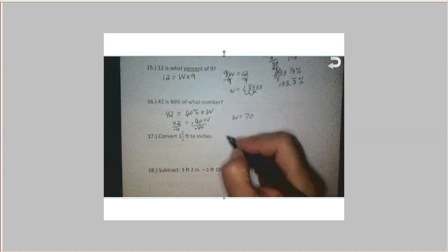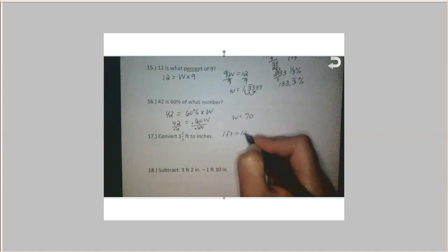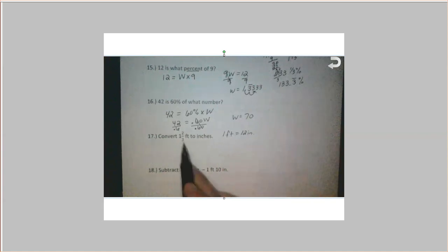Number 17 is converting 1 2/3 feet into inches. You might want to look over your units of measure conversions, but we know that 1 foot equals 12 inches. So 1 2/3 feet can be multiplied by 12 to find out how many inches that will be.